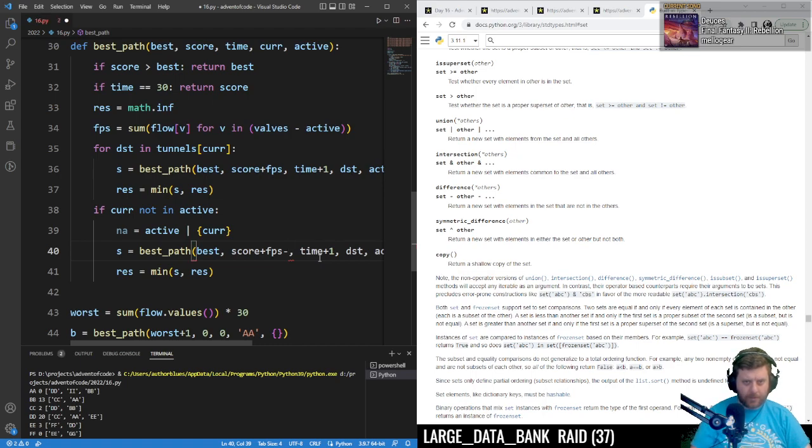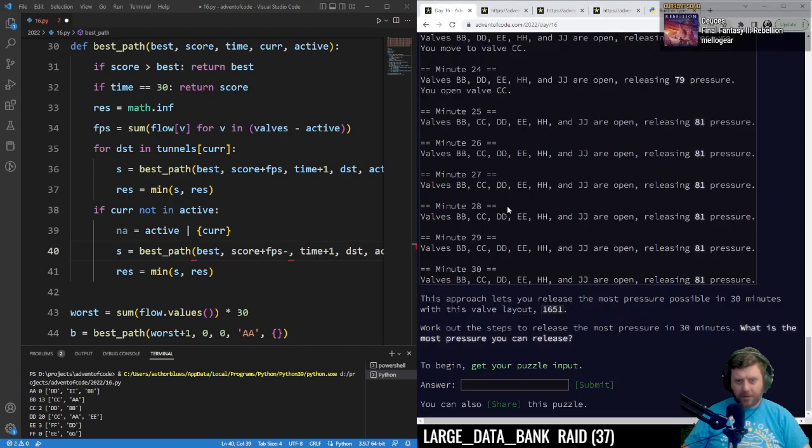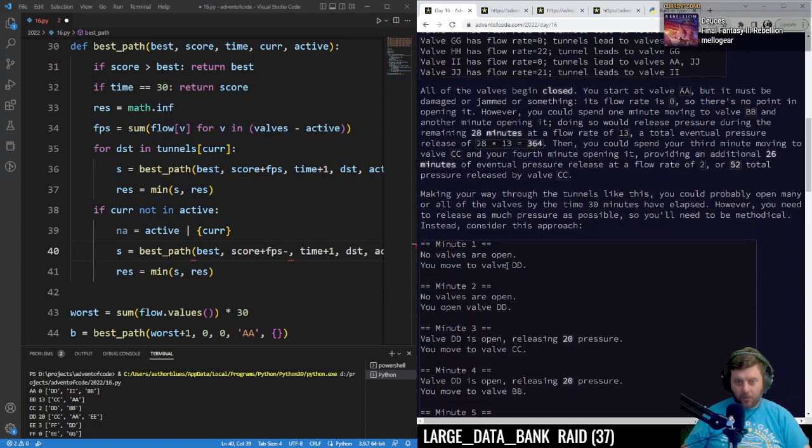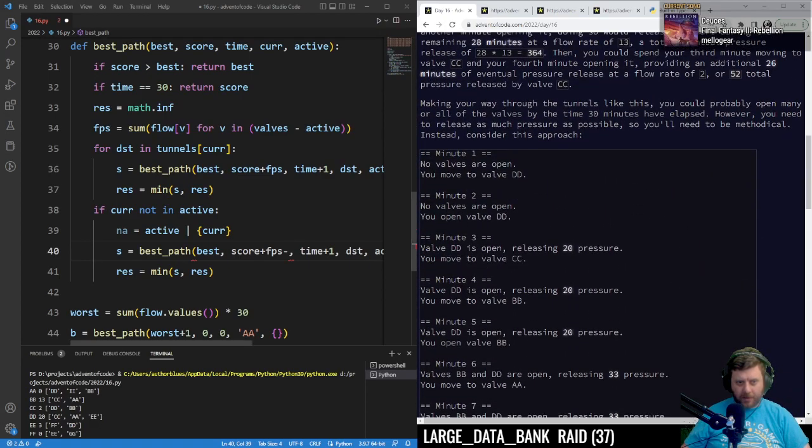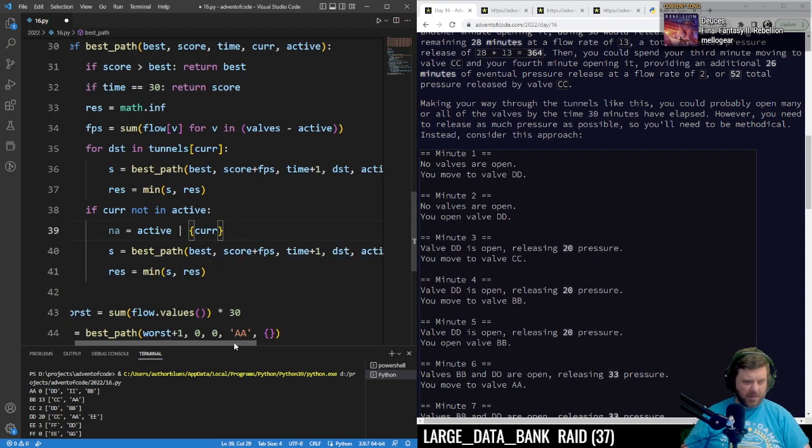Minus... Wait, I need to make sure I understand. When I take this option to flip it, it doesn't change the FPS yet. Oh, that actually makes my life a little easier.